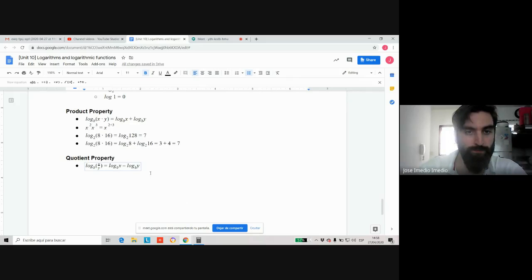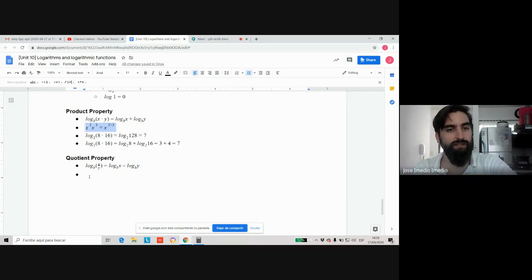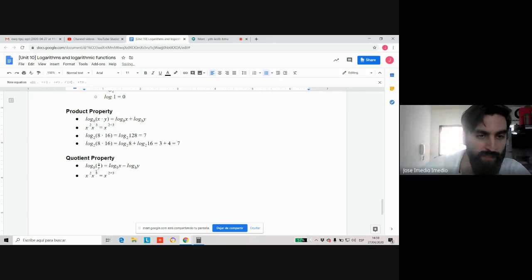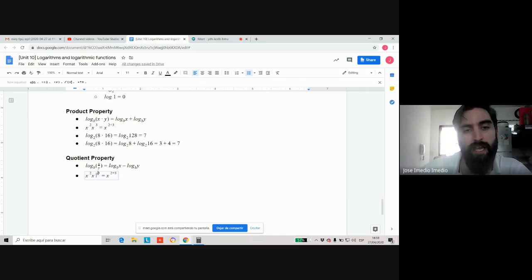Okay, so actually it's the same concept. This is the same thing as I did here. If I have x squared times x raised to the power of minus 3, I could subtract these two exponents, or I could do this too.